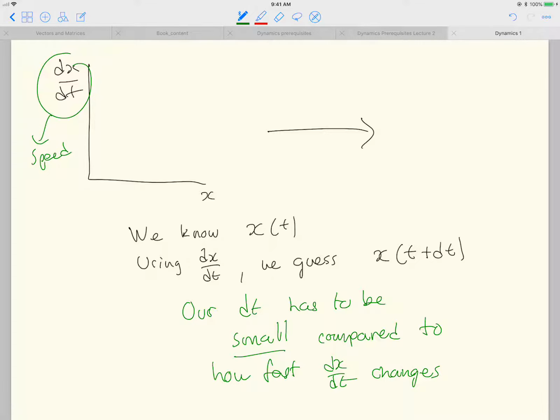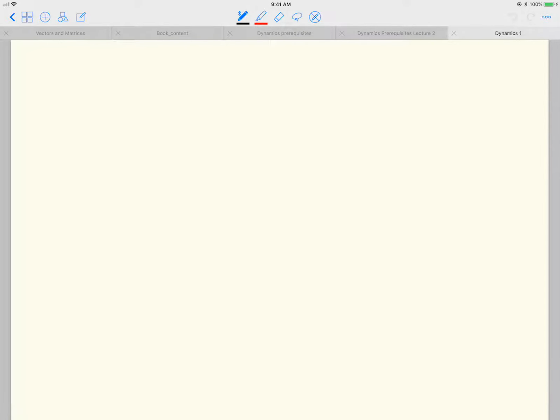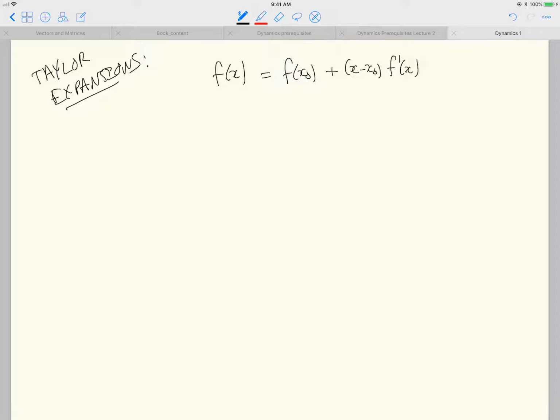So how do we make that guess? Well, what we're going to use is Taylor expansions. So I'm going to remind you guys that we said that any function f of x, we could write it as f of x naught plus x minus x naught times f prime of x plus a half x minus x naught squared, the second derivative, evaluated at x naught, and so on and so forth.